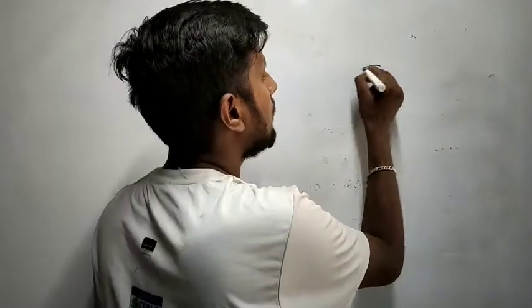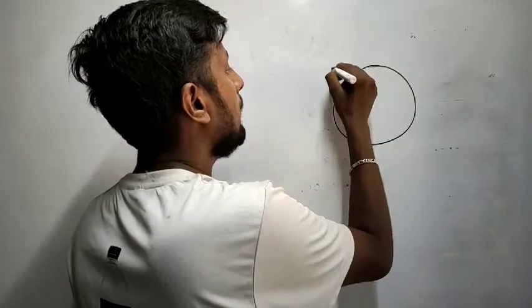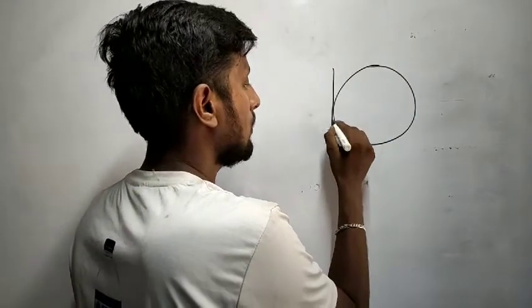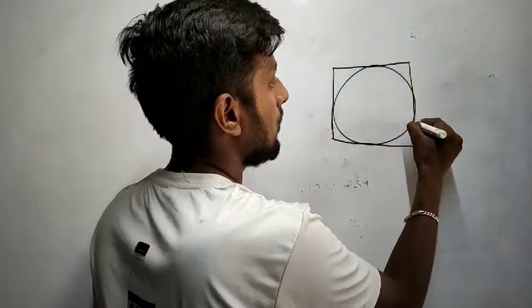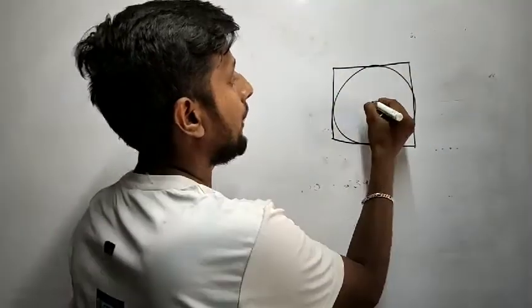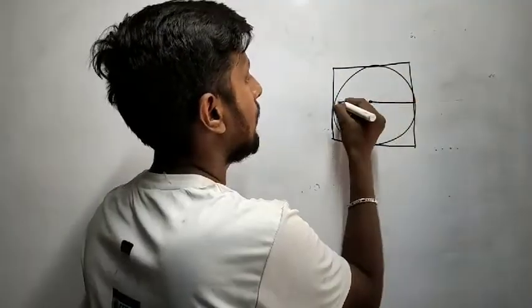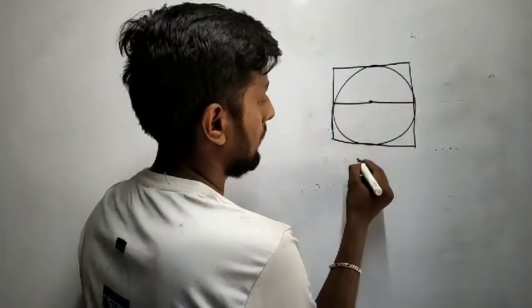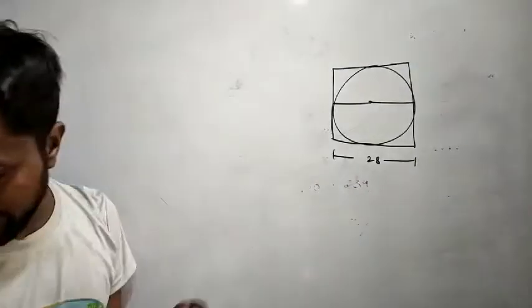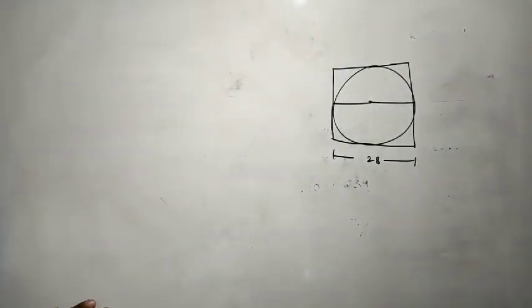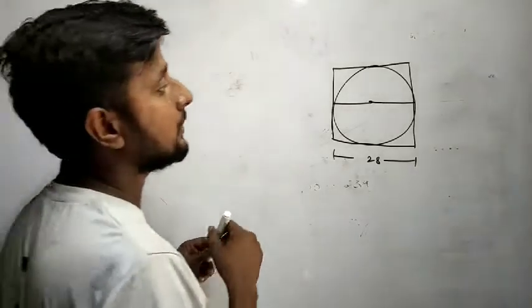Now it's a circle. Yes, it's fixed in a square. So the total length is 28 centimeters. Okay. So what is the question now? Find the area of the circle. Just to find the area of the circle.